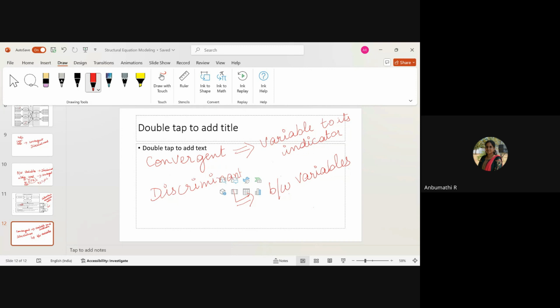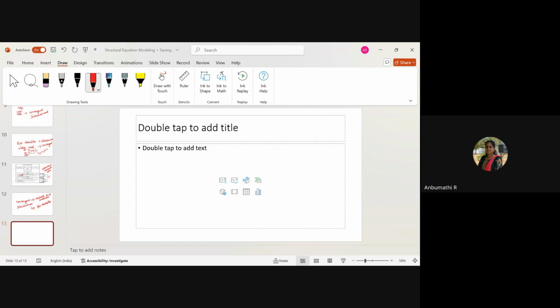And we have also seen one more thing: Cronbach's alpha. So what is Cronbach's alpha? Cronbach's alpha establishes the reliability of the scale, or the reliability of the items.